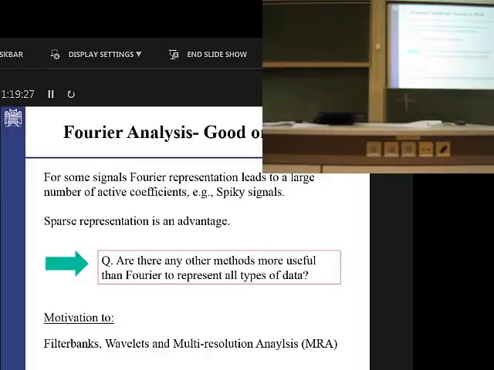That's the answer. When you deal with the filter bank, you're talking about different frequency bands. So frequency is the element that you are measuring your signal with. When you talk about the wavelet, there is no issue of frequency. It's scale. So the essence of the frequency is wiped out. You're talking about the scale of the signal, even though it has a kind of correspondence with the frequency.